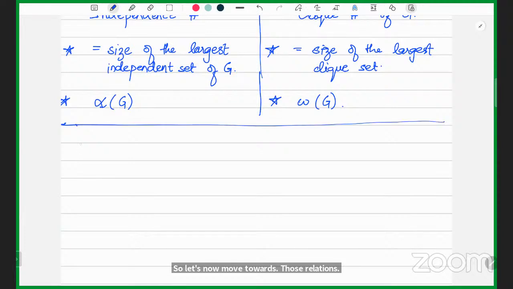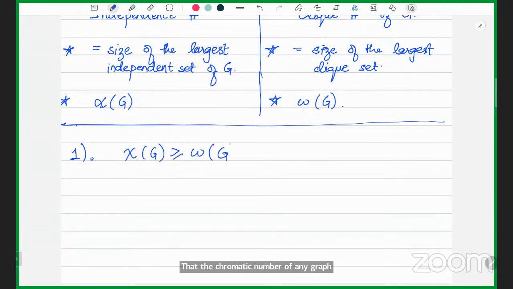First one is that the chromatic number of any graph is at least as much as the clique number of that graph, or clique size.